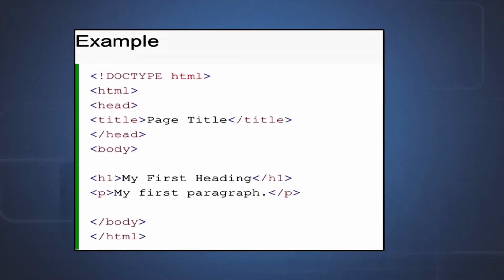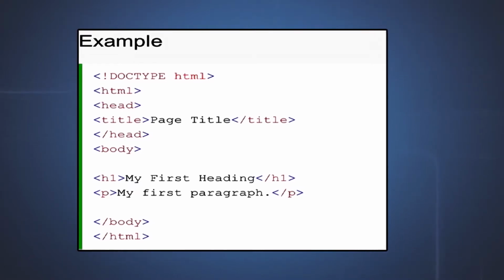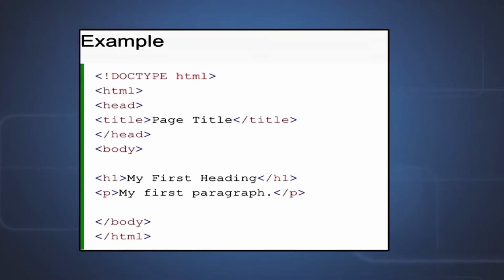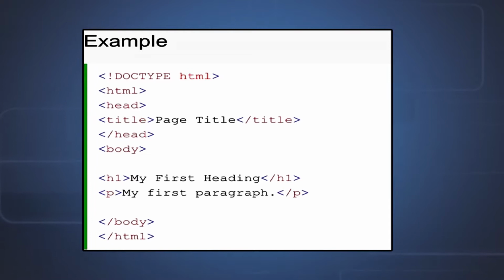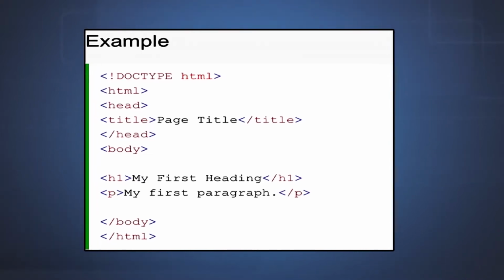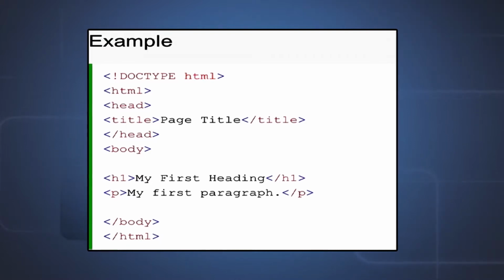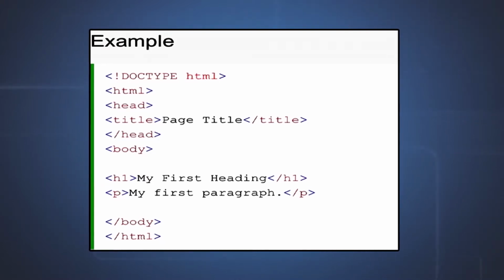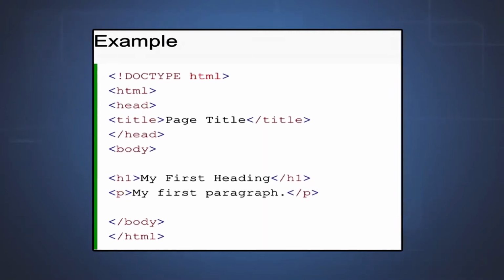So html, head, title, and again the closure of the title tag, closure of the head tag, then the body starts. So basically this is the normal structure of a web page. The structure starts with an HTML tag, then ends with a closing HTML tag.